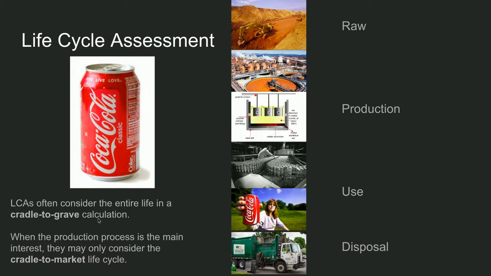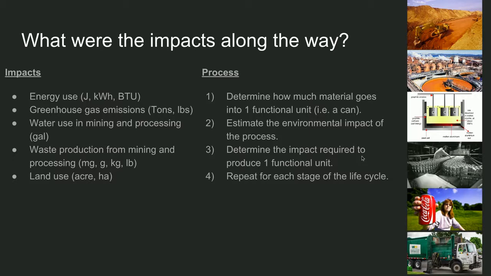And when the production process is the main interest, oftentimes we only consider the cradle to market life cycle. So we might only consider the environmental impacts created from the raw materials and production stages of a particular object's life cycle.